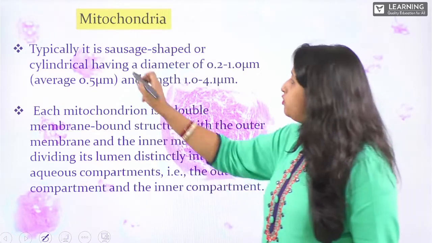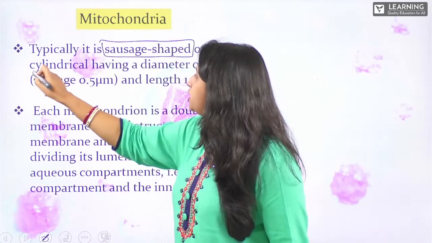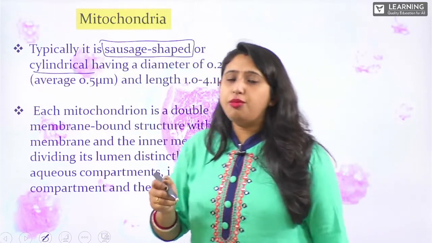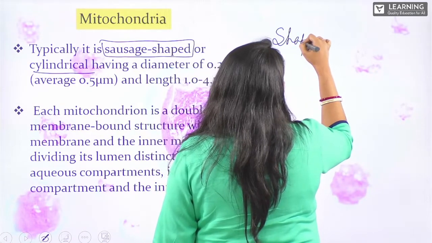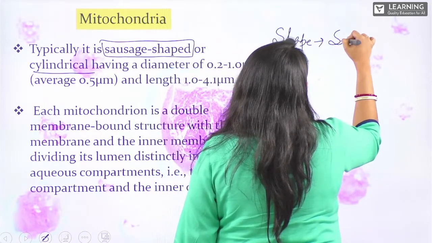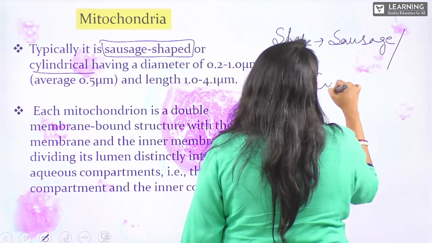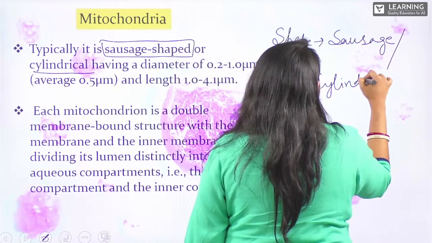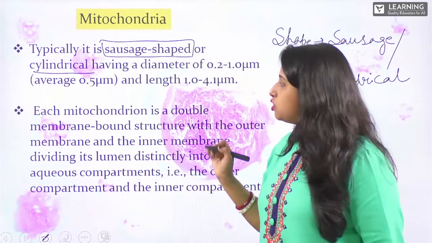The shape of the mitochondria is sausage shape or cylindrical shape.